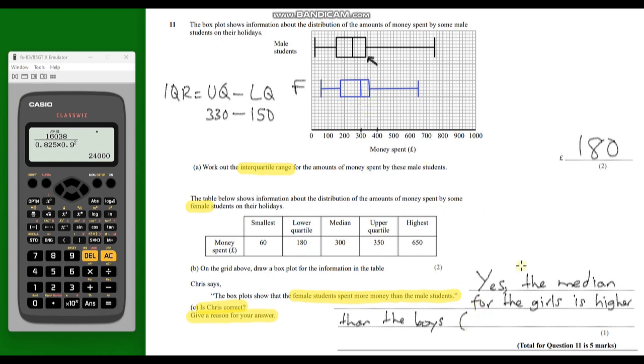So that was £300, which is greater than whatever the boys is, which was 200, 220, 240, 250. £250. So here I'm using the median because that's the best estimate to use for working out which one on average is higher. Obviously the highest male student spent more than the highest female student, but overall as a group we should use the median.